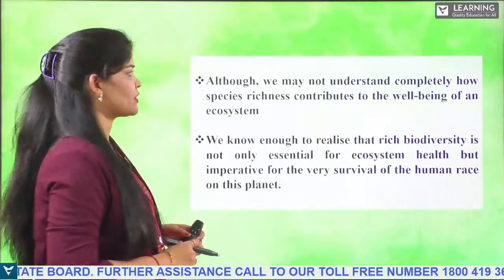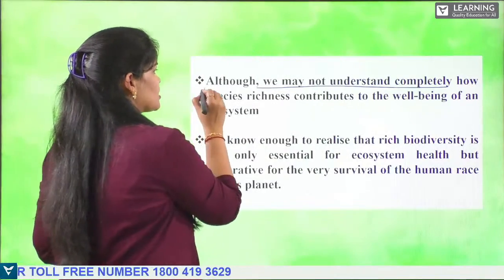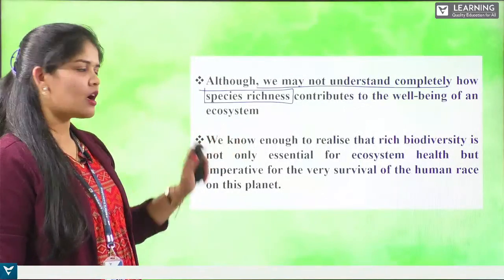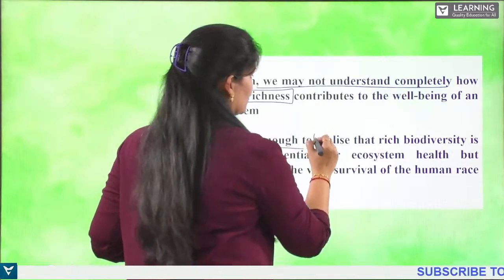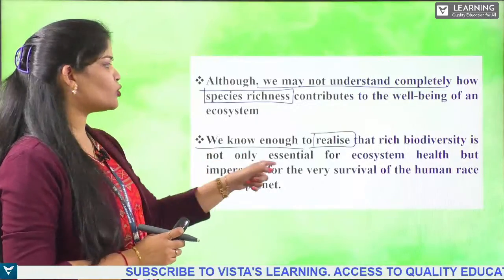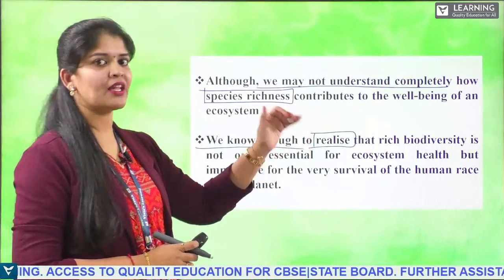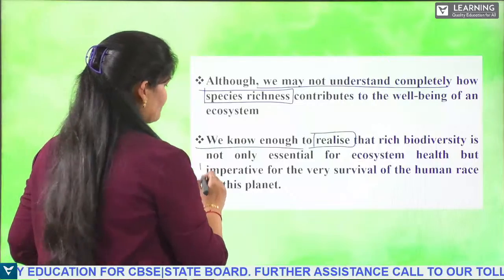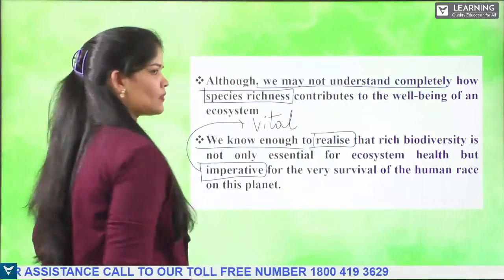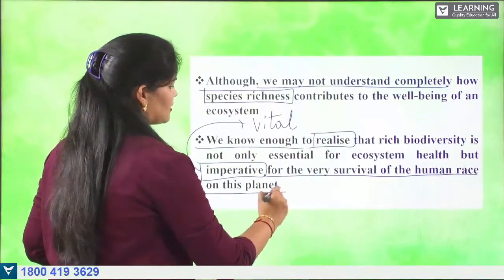So here, although we may not understand completely how species richness contributes to the well-being of an ecosystem, we also know enough to realize that rich species biodiversity is not only essential for maintaining a healthy ecosystem, but also imperative, vital, critically important for the very survival of the human race on this planet.